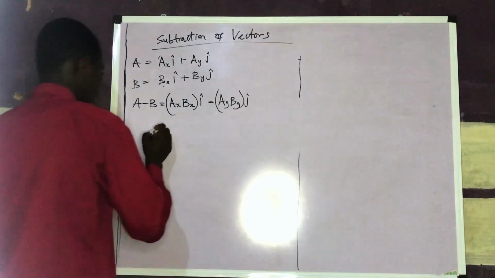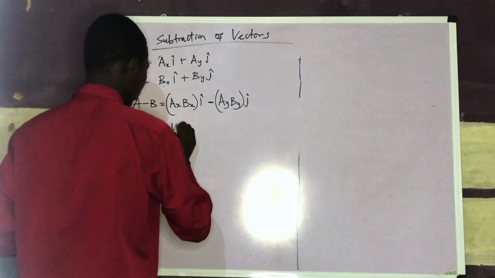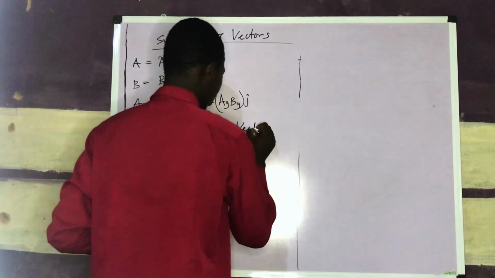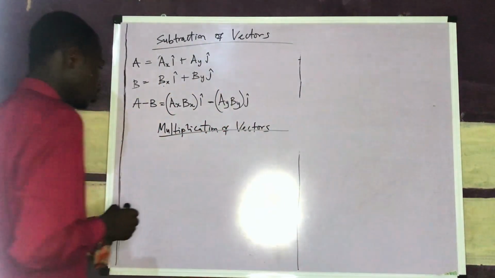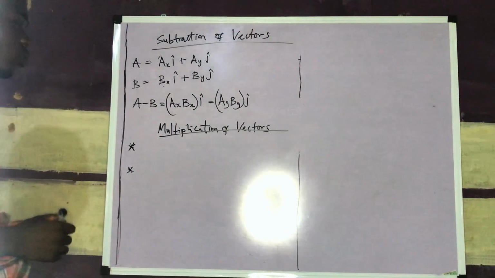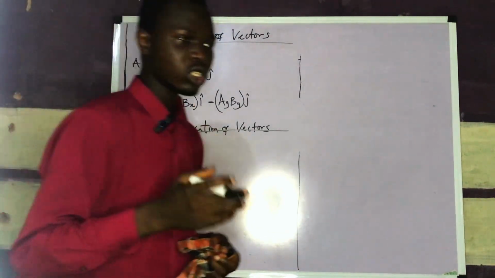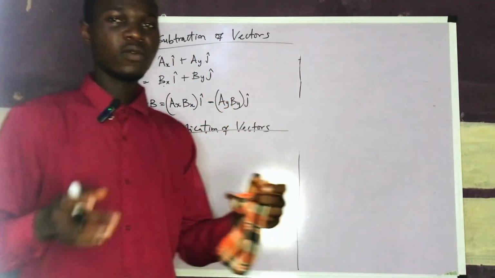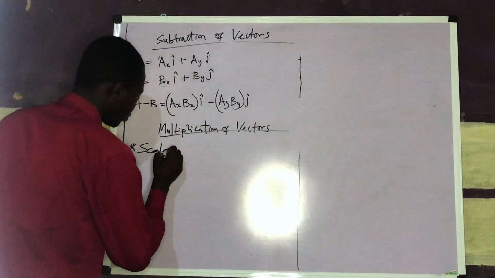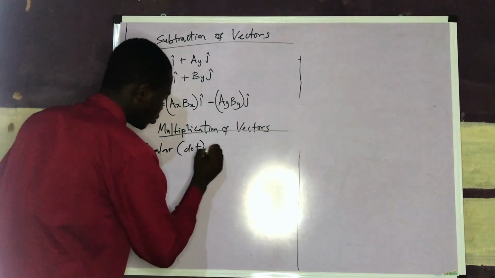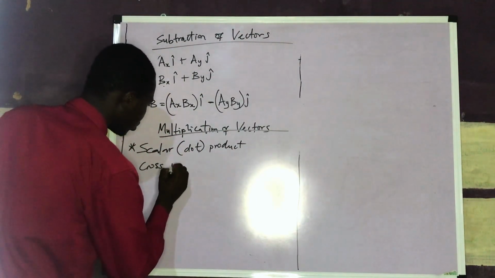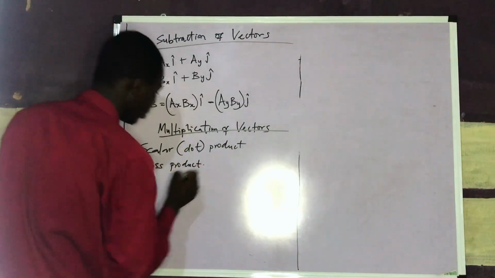So let's do multiplication of vectors. If you are multiplying vectors, we have two types of multiplication of vector. We have scalar or dot product, and we also have the cross product in vector.